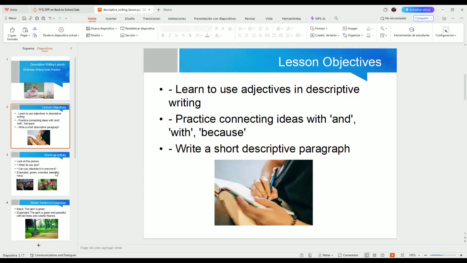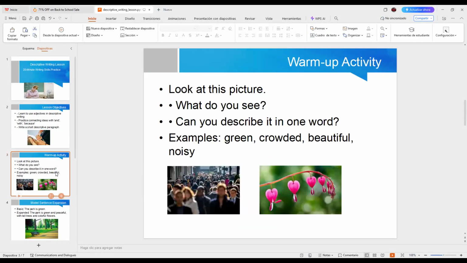Now we have the first part of the lesson plan, the warm-up activity. In this first part, I will invite the students to see some pictures, right? I'm going to ask them, what do you see in the picture? Can you describe it in one word? For example, for this first picture, some students can say, I can see so many people there on the street.